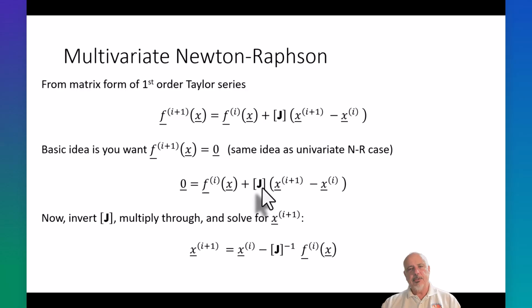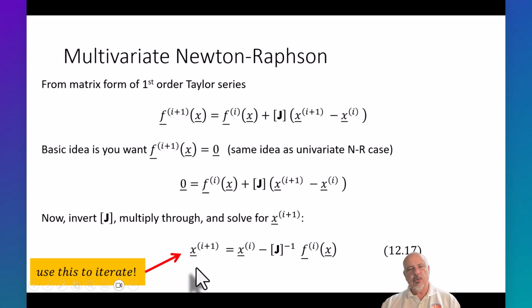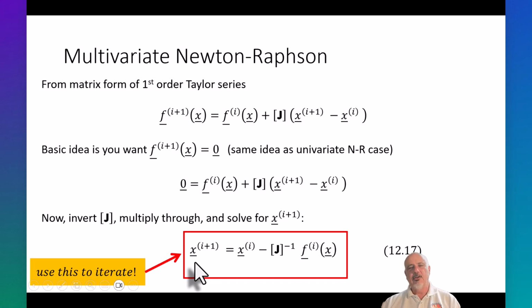And I put that J inverse with the function iterates on the other side of the equation. And then I have a minus xi iterate there, and that goes over and becomes a plus. So that's my golden equation there for multivariate Newton-Raphson, 12.17 in the book. So that's what you use to iterate. It's very, very straightforward how to do that.